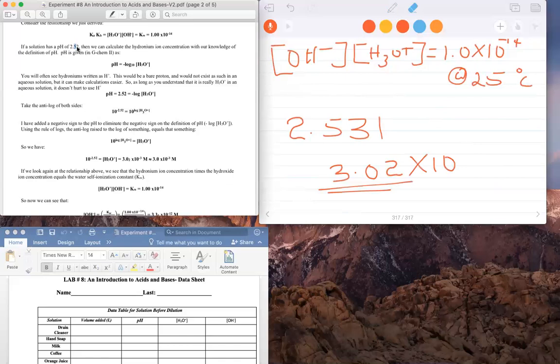So that's how you look at it. Places of decimal, significant figures.